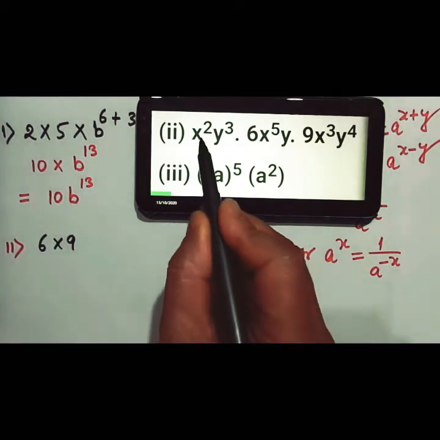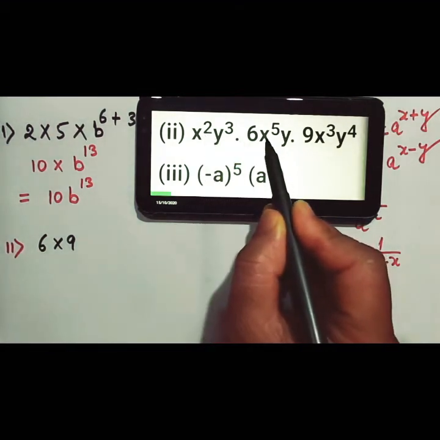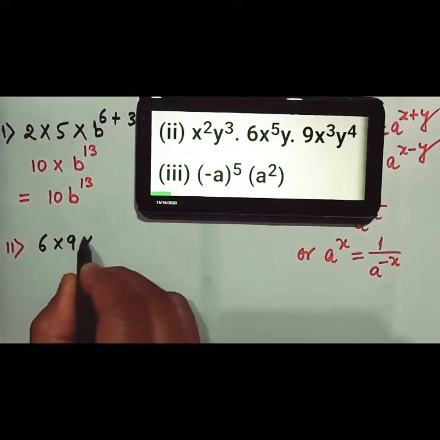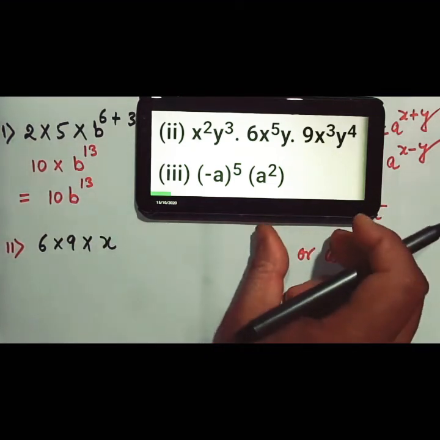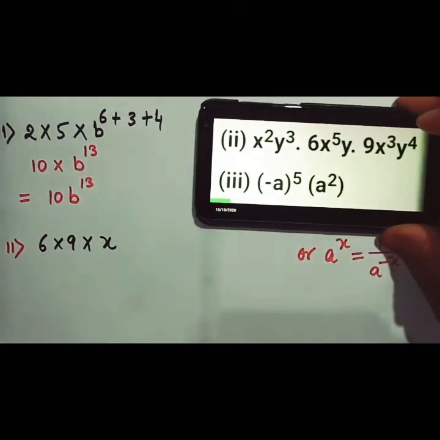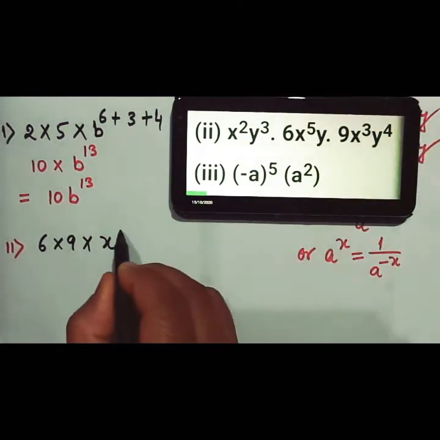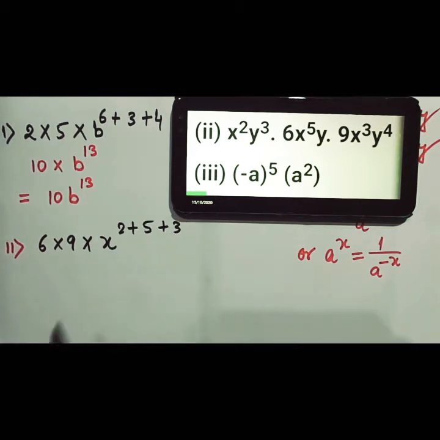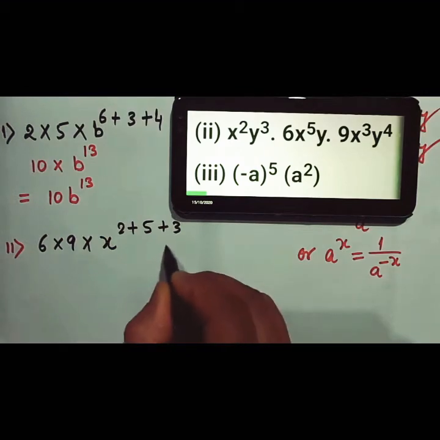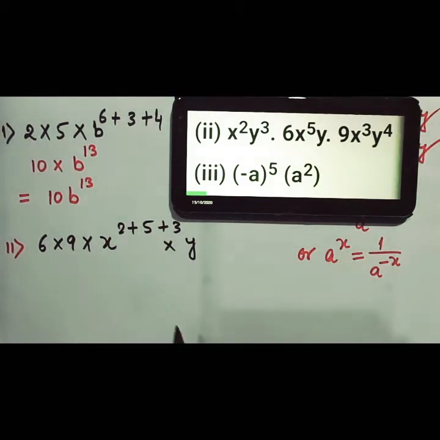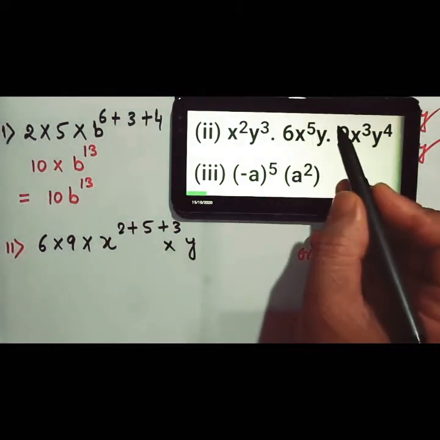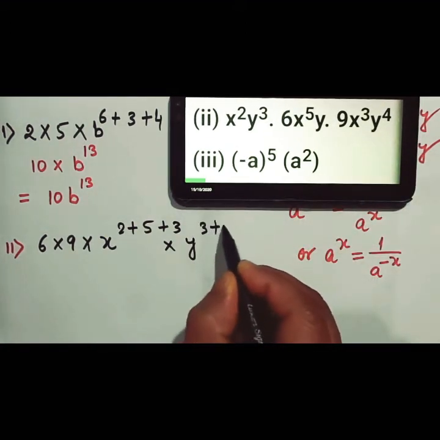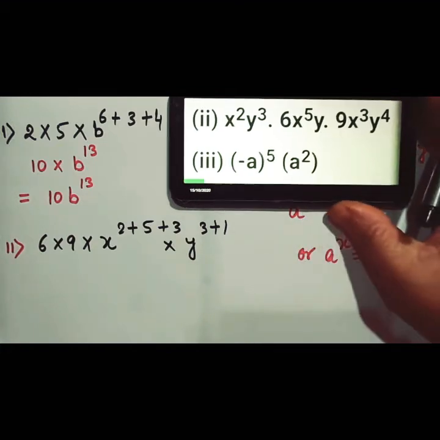Now this x has power 2, here x has power 5, and here x has power 3. Therefore, multiplied by x to the power 2 plus 5 plus 3, multiplied by y to the power 3 plus 1 plus 4.